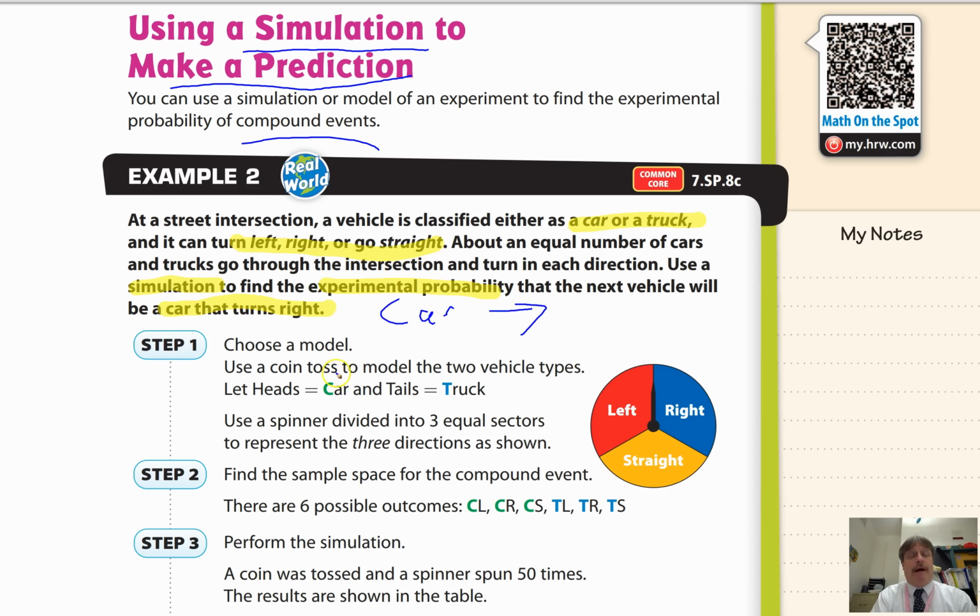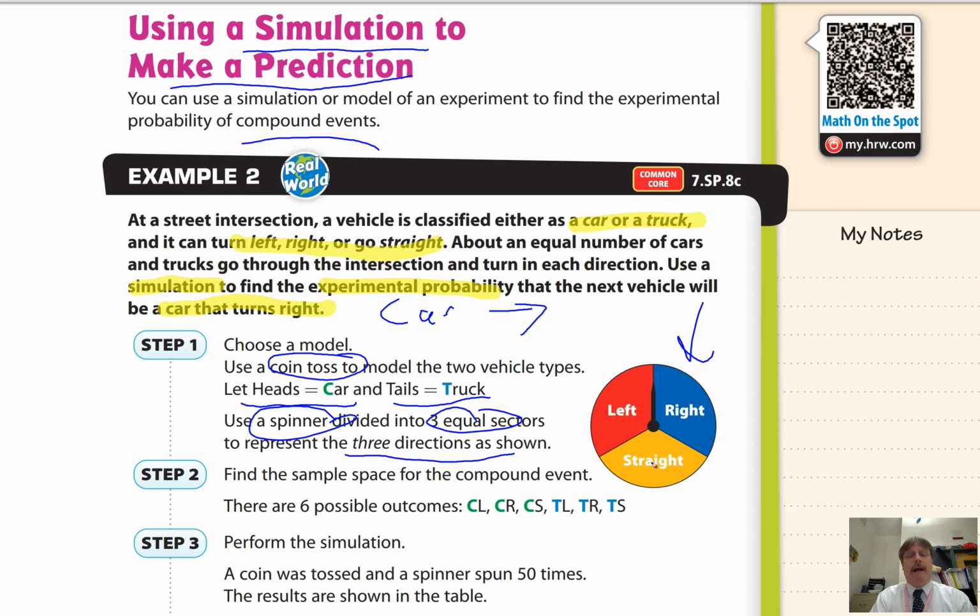So we're going to choose a model, and what they've done is they've used a coin toss to model the two vehicle types. So they're saying that heads is going to be a car and tails is going to be a truck. And then they're going to use a spinner divided into three equal sections, and they represent the directions. As you can see right here, we have left, right, and straight.